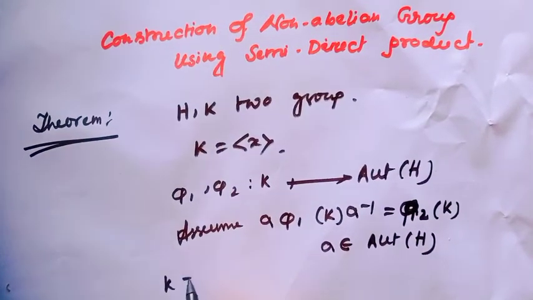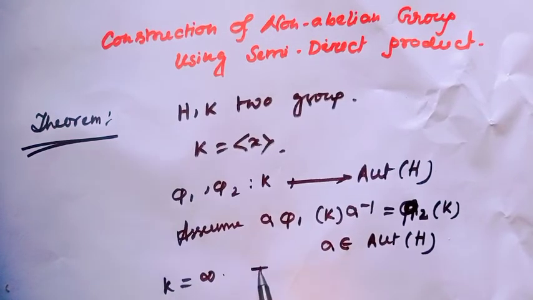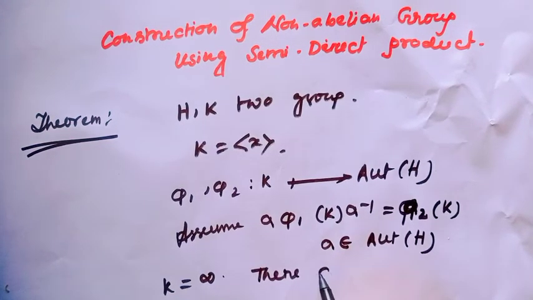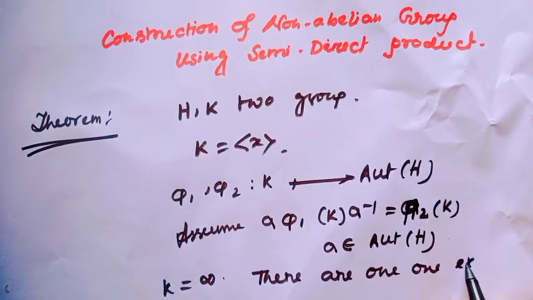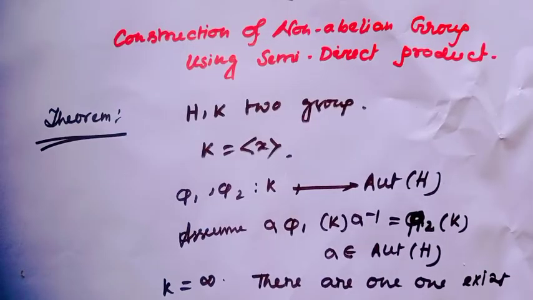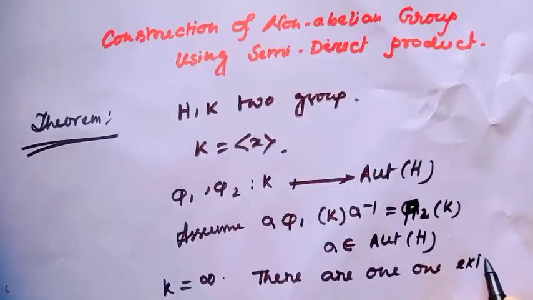If the order of K is infinity, then assume there exists a one-one function. If the order of K is finite, then there obviously exists a one-one function.